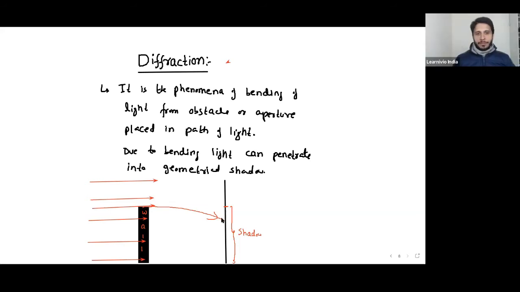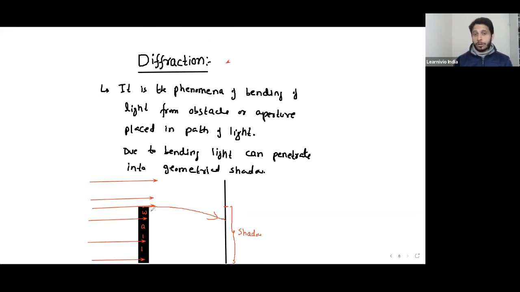So the light waves are basically penetrating the shadow. But if you think of light as something which always travels in a straight line, then light should not penetrate the shadow. It should rather move in a straight line here. But due to the diffraction effect, this light gets bent and penetrates into the geometrical shadow. This is what we call diffraction.